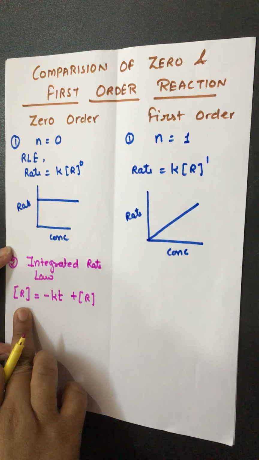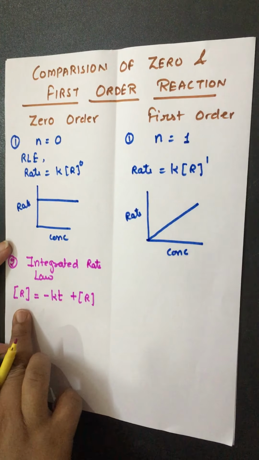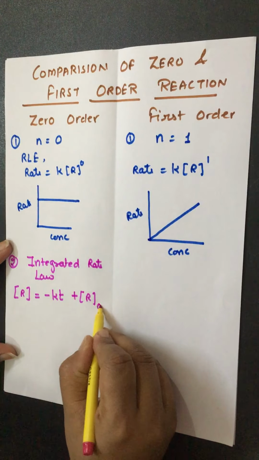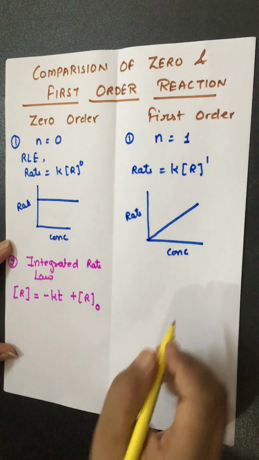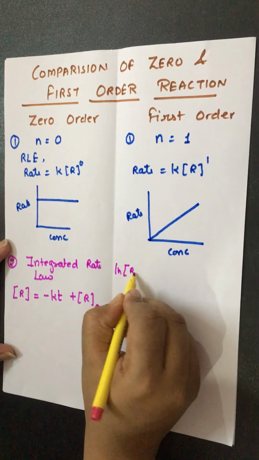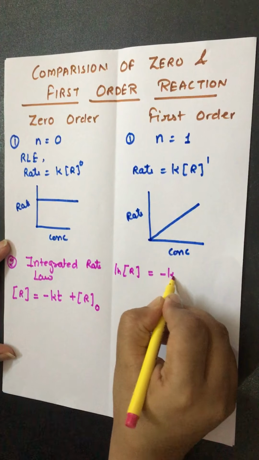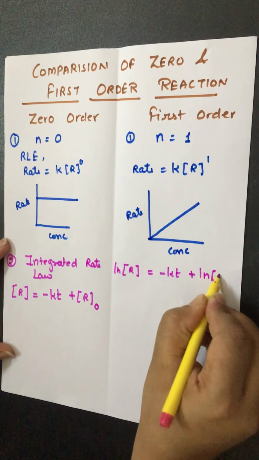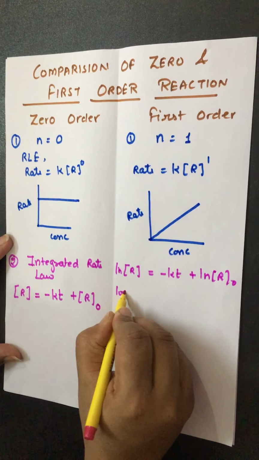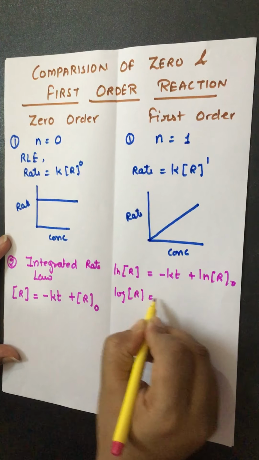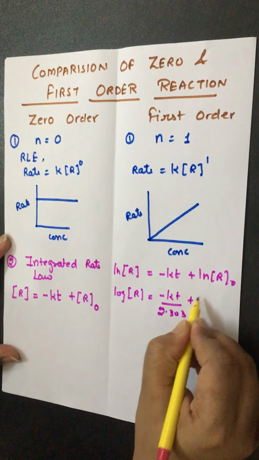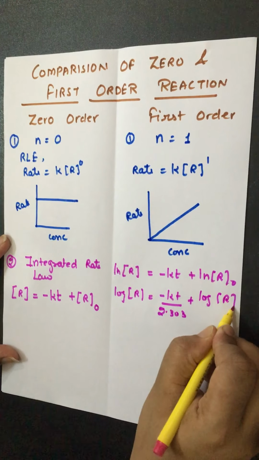R is the concentration of reactant after time t, meaning the remaining concentration of reactant after time t, and R naught is the initial concentration. Okay, and for first order, this is ln R equals minus Kt plus ln R naught. Or in terms of log, log base 10 R equals minus Kt over 2.303 plus log base 10 R naught.